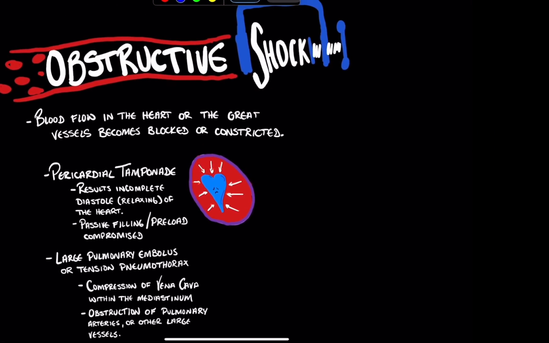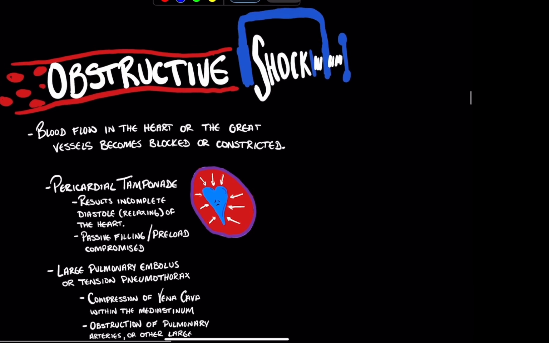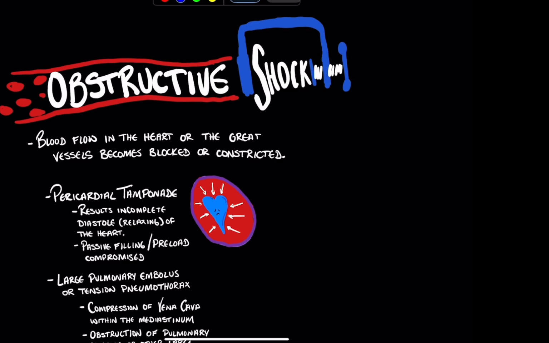So we're going to continue with obstructive shock. And cardiogenic shock can fall into this category of obstructive shock, depending on the actual mechanisms. They can overlap a little bit.